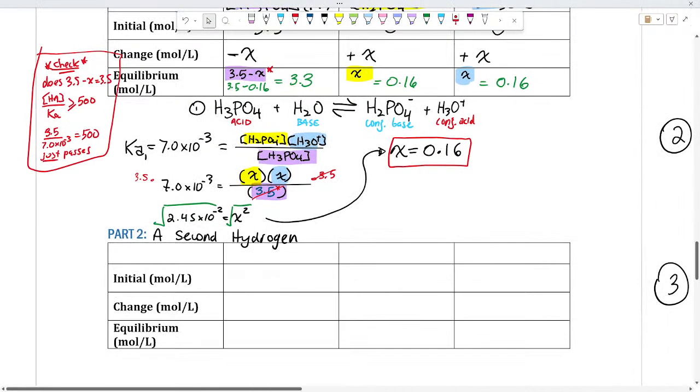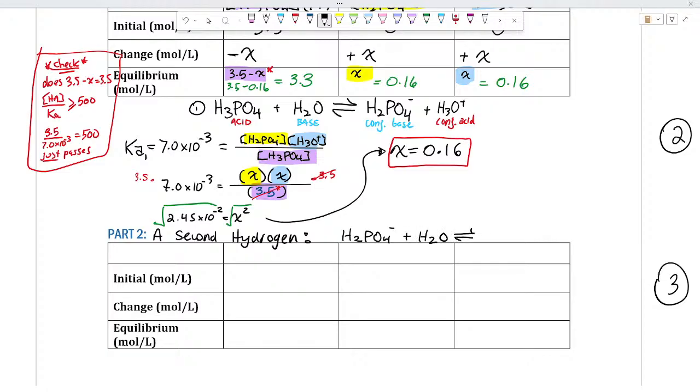Our acid can do a second reaction, where that H2PO4 minus can act as the acid. It can react with water, and what will it give us on the other side? HPO4 with what charge? HPO4 negative 2, and more H3O plus. So we have to watch out here, because we can actually end up with more H3O plus.